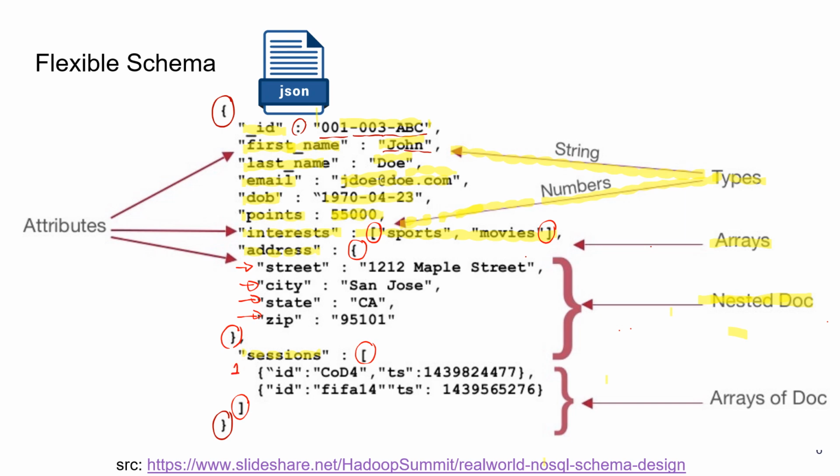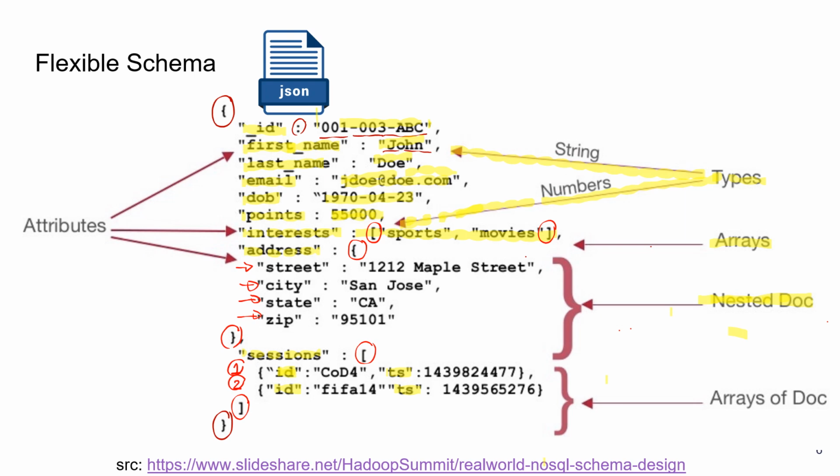This is document number 1 and this is document number 2. Document number 1 has an attribute ID and another attribute TS for timestamp. This is to store the user session with the ID and the timestamp. So there are two sessions stored here in this example.